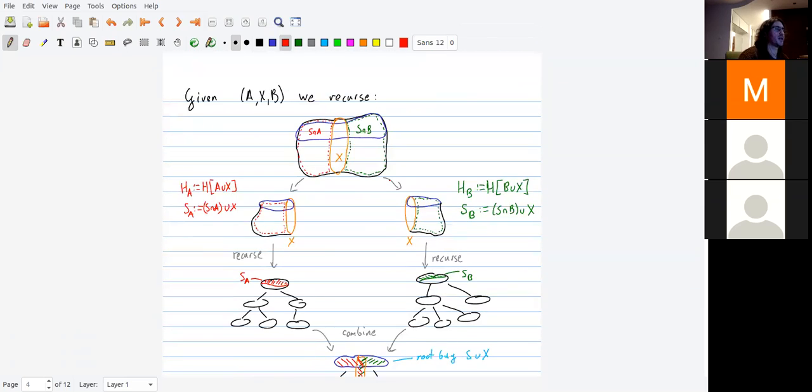So now we can give the whole algorithm for computing this tree decomposition. When we have already computed the separation A, X, B, we do recursion. We split into the left side and the right side.